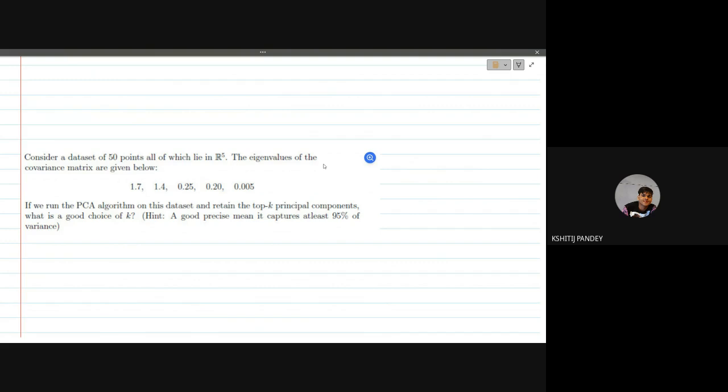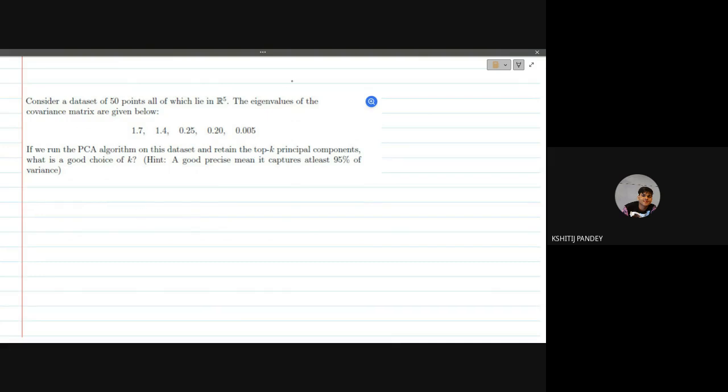If you remember when we were discussing how to find the value of k, nobody will tell you the value of k, right? So the thumb rule is that whatever k you choose, the sum of the variance captured by them in percentage should be greater than or equal to 95%.